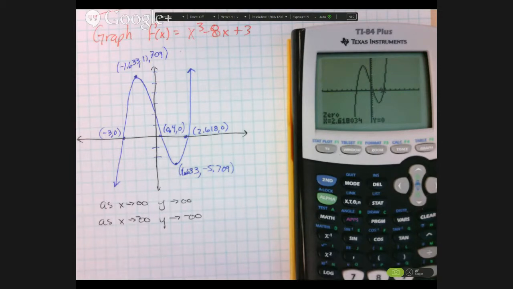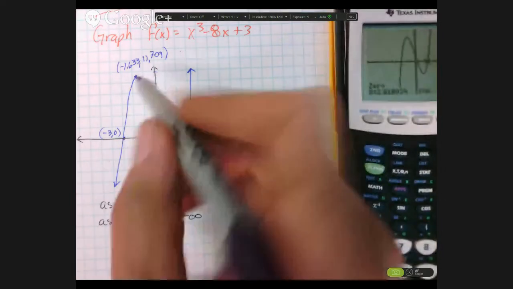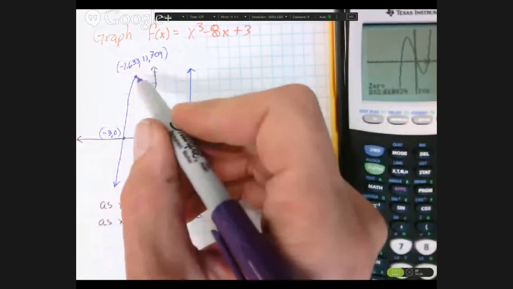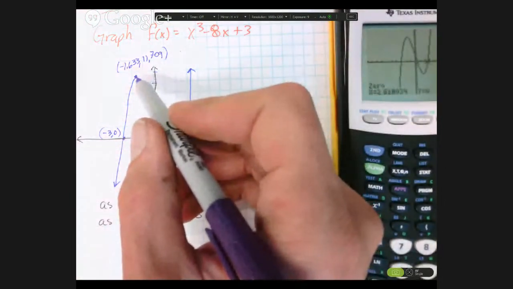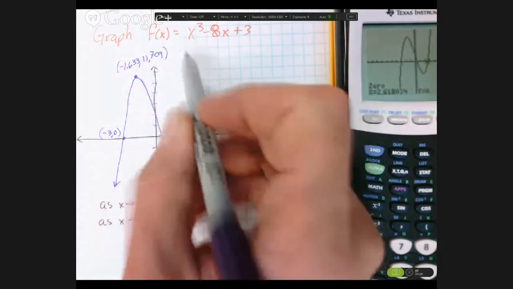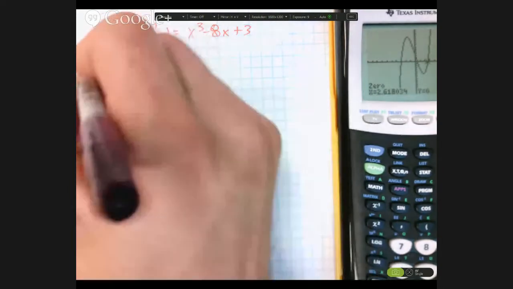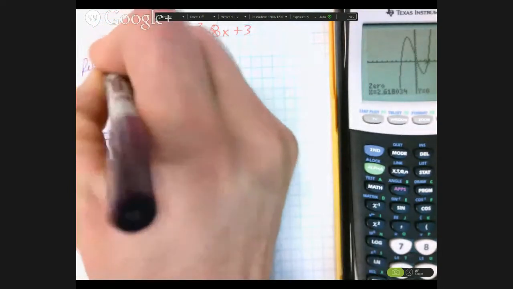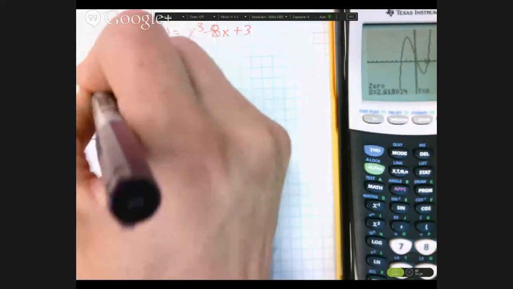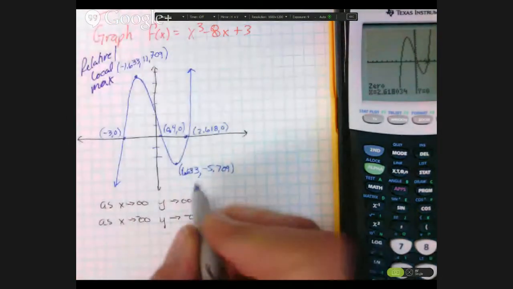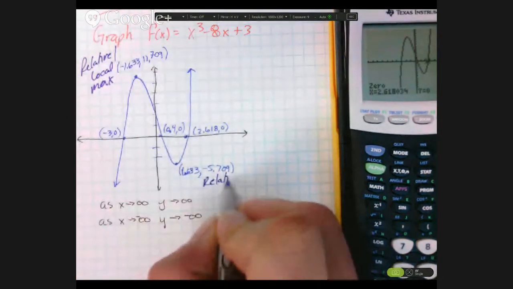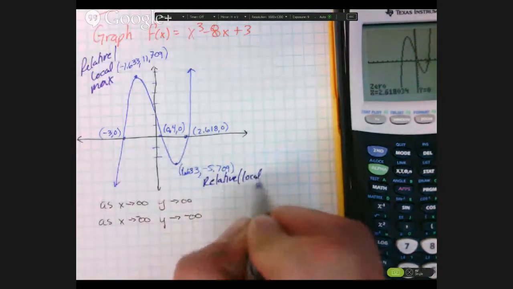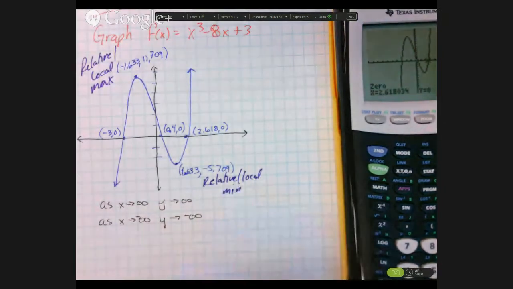To finish here, is there anything in the graph that's higher than that point? So we will call that a relative or local max. And this is a relative or local minimum. Different books call it different things.